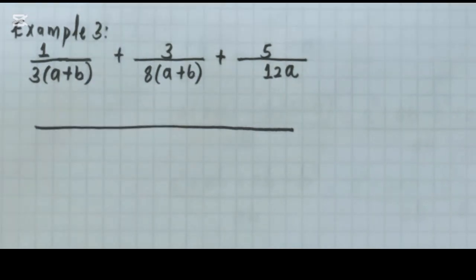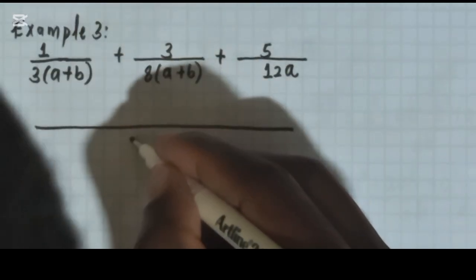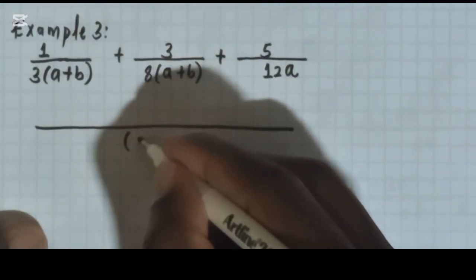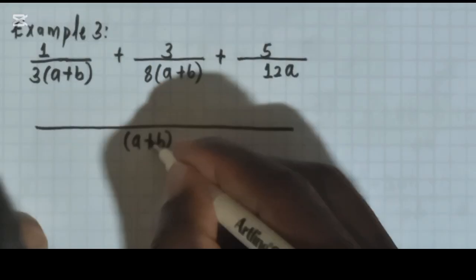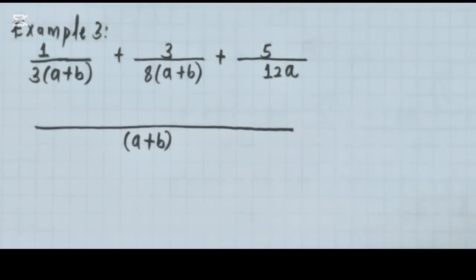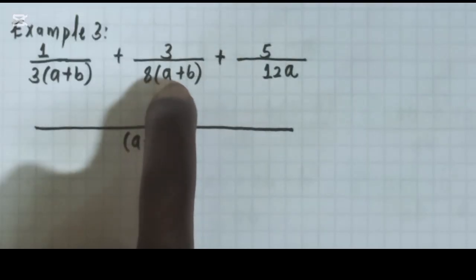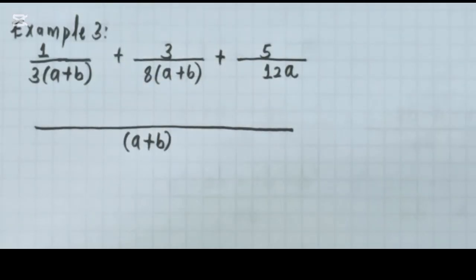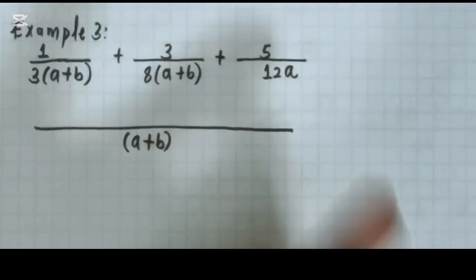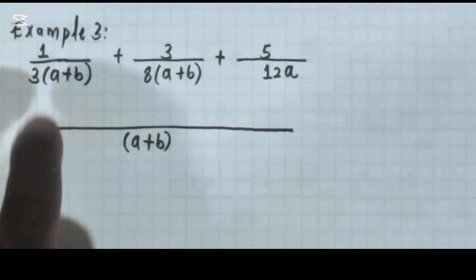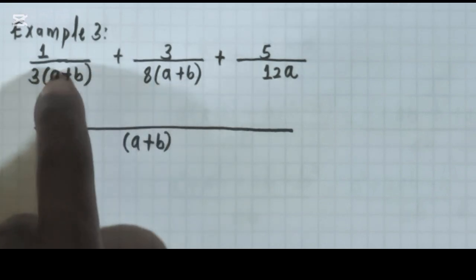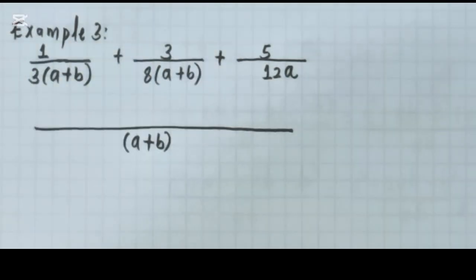So we'll pick it as it is, because it doesn't have any power beyond 1. When you're talking of LCM, we don't really consider commonality, so it doesn't have to be in the third. We pick it because it's a variable, and it is a plus b as it is.